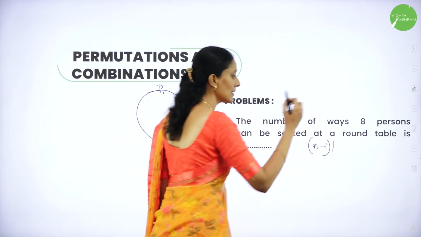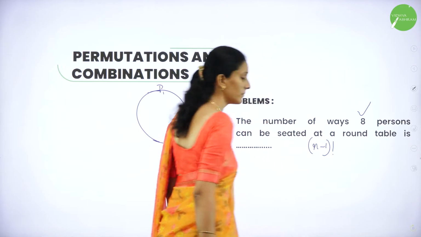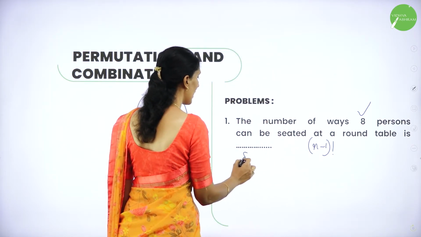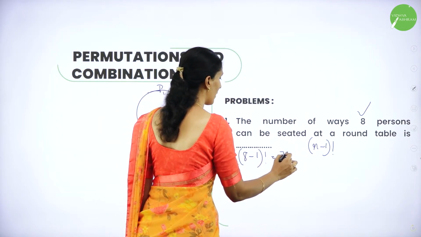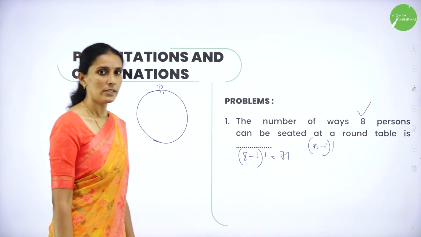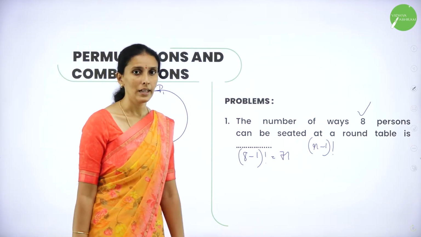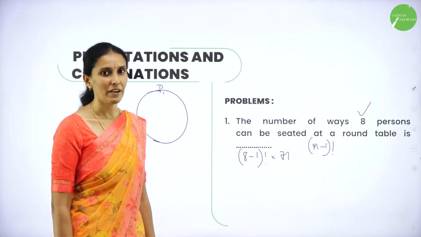How many persons do I have to arrange at the round table? 8 persons. So this is 8 minus 1 factorial, that is 7 factorial.